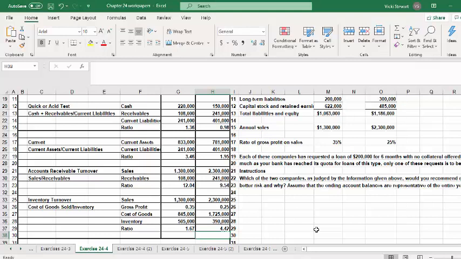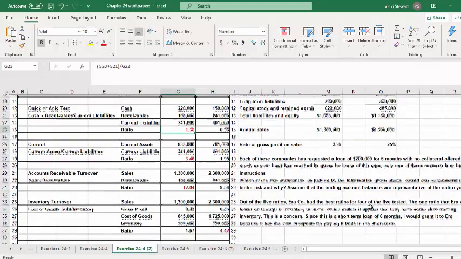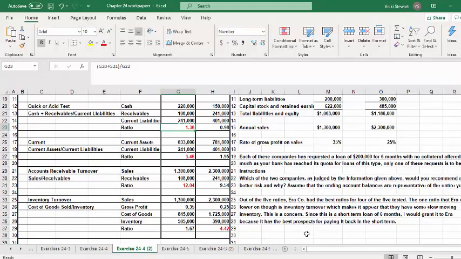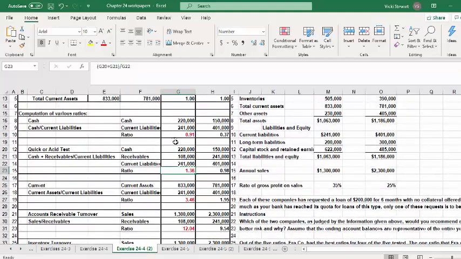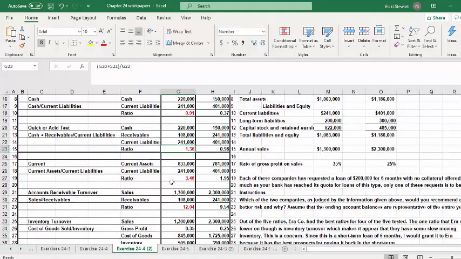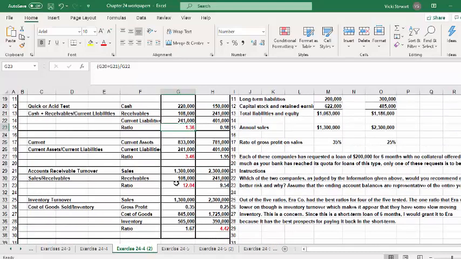So when we're making the decision between the two companies, out of those 5 ratios, Era had the best ratios for 4 of the 5 that we tested. So they had the higher cash, quick, and current ratios and accounts receivable turnover.